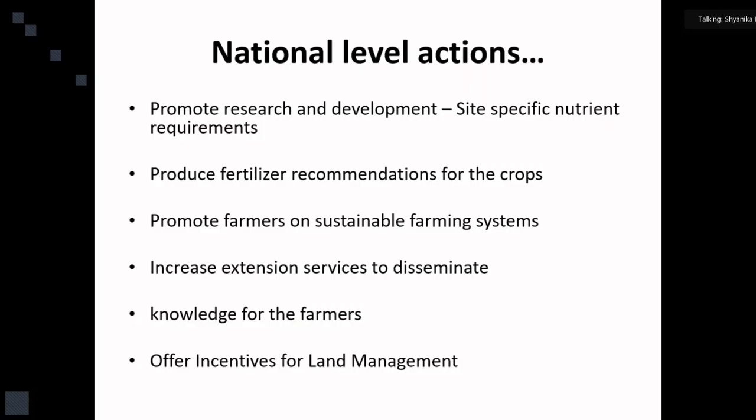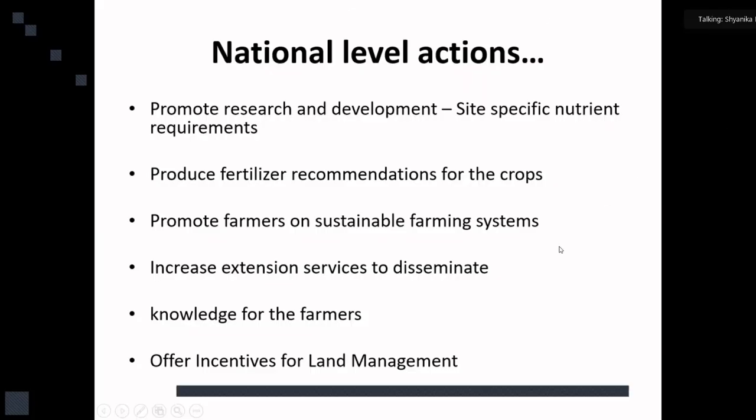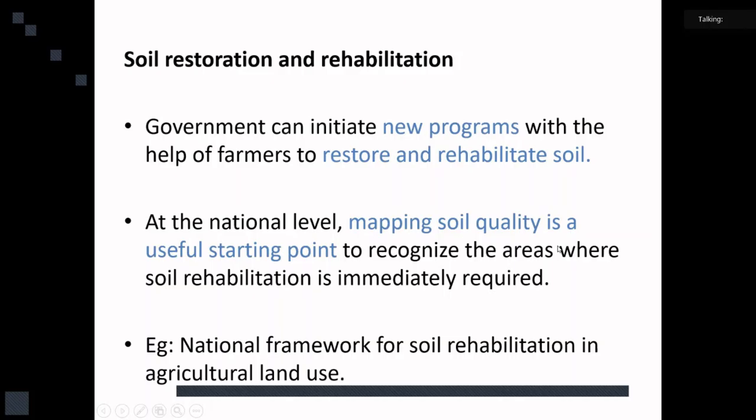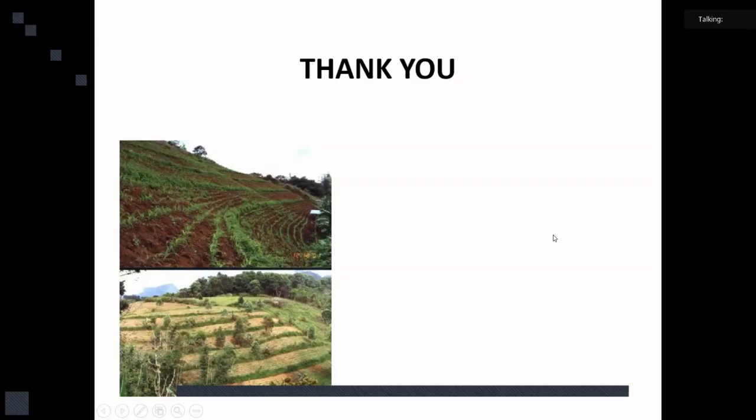And give some kind of incentives for sustainable land management practice. Yeah. So with that, we could finish the soil conservation.